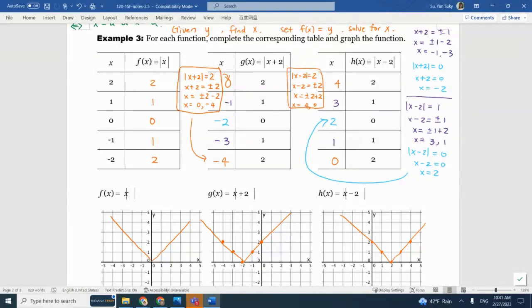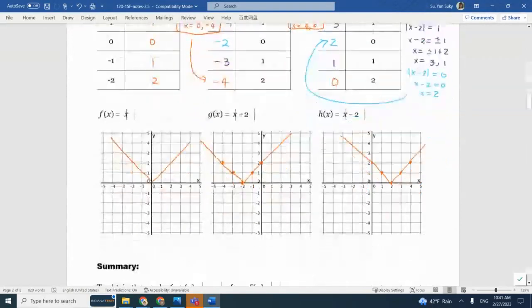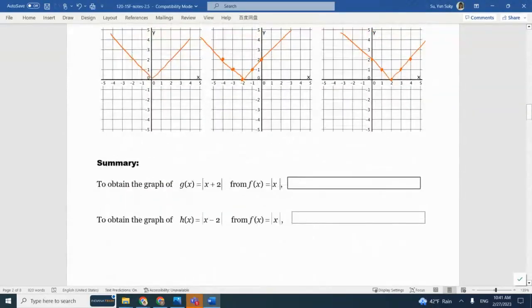We are changing the x. Here we're changing the x to x plus 2, then we shift to the left 2 units.